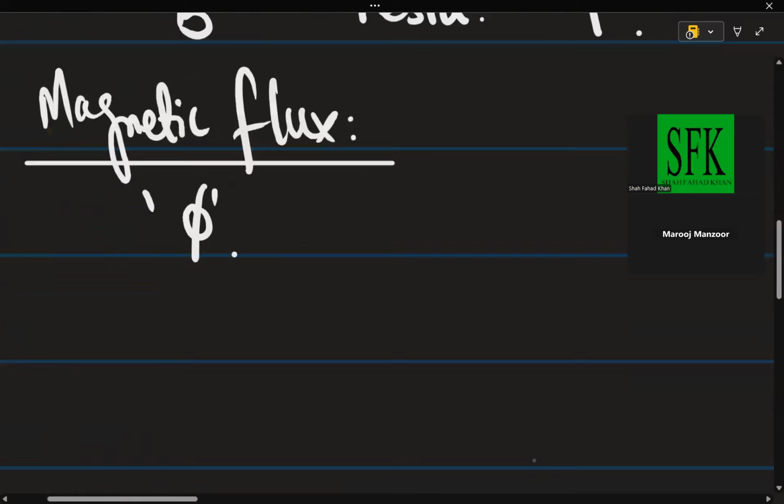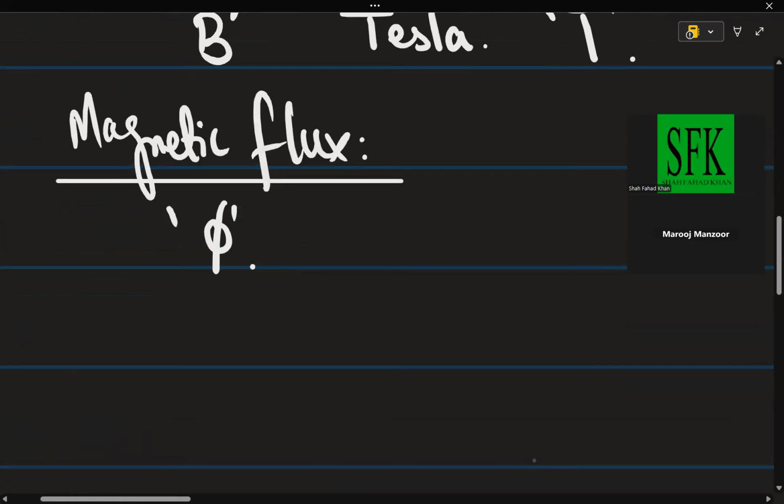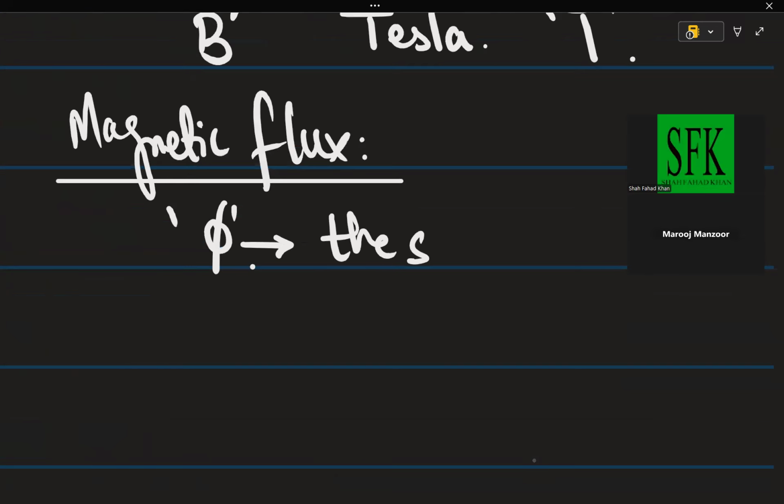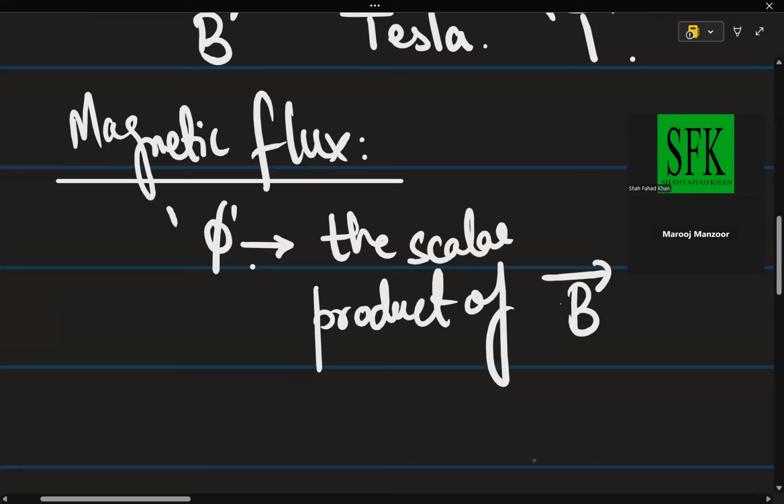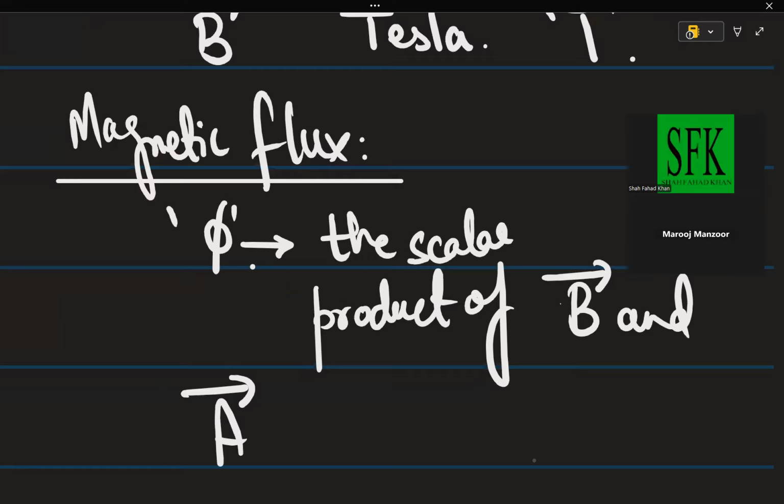Okay, and how do you define a flux? The definition is simple: the scalar product of magnetic flux density and vector area.